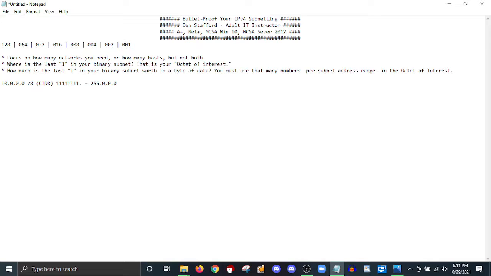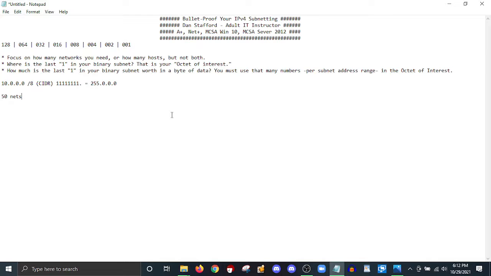Let's say we need 50 networks. We're going to take that network that we were given, that 10.0.0.0 network with a /8 subnet mask, and we need to chop that up into 50 smaller networks. Okay, let's say that's our problem for right now.